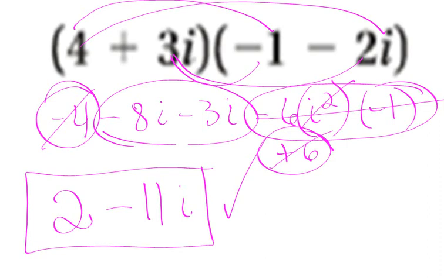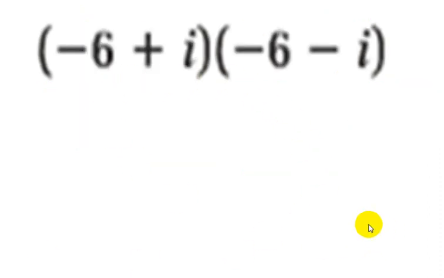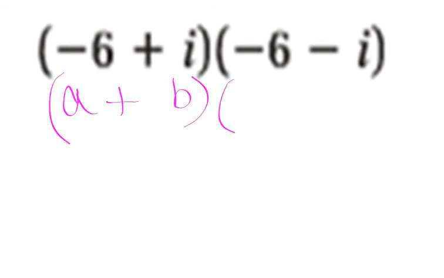All right. Let's look at the next one. Oh, this is an additive inverse. This is what we talked about at the beginning. We've got a plus b times a minus b. What were those called?